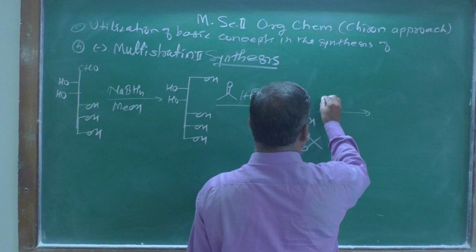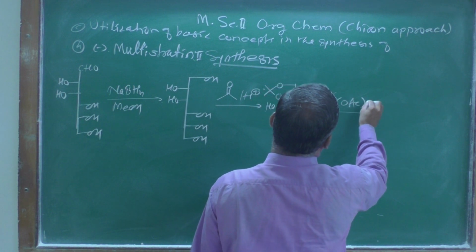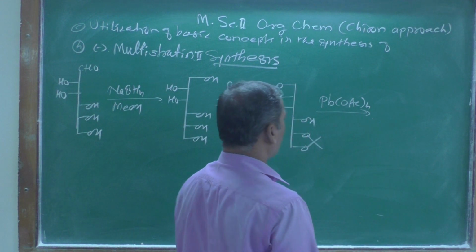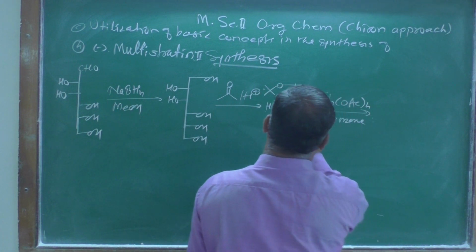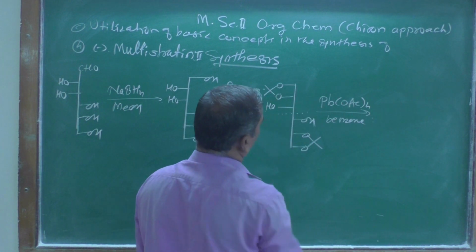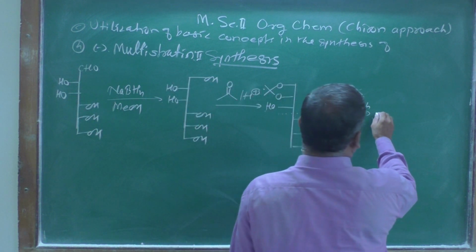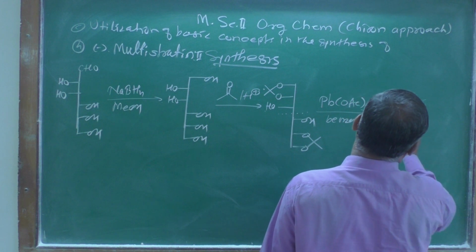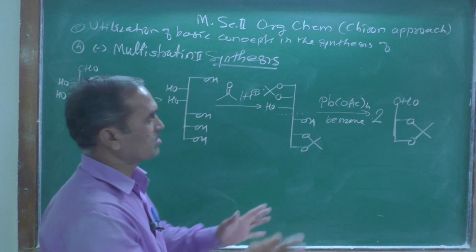That is lead tetraacetate, Pb(OAc)4, and the solvent used here is benzene, right? What is going to happen? The bond between these two gets cleaved, and you are going to get 2 molecules of this protected glyceraldehyde, right? So this is a general trend.